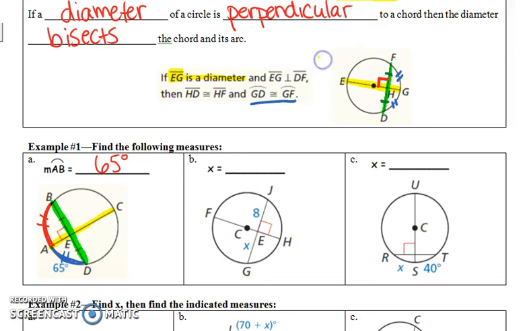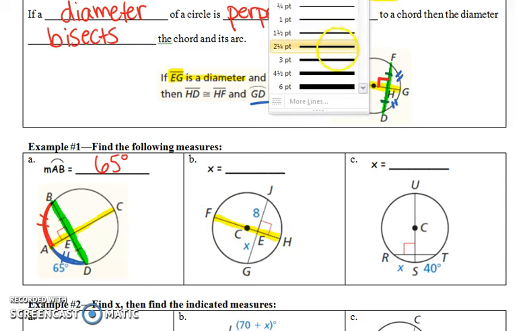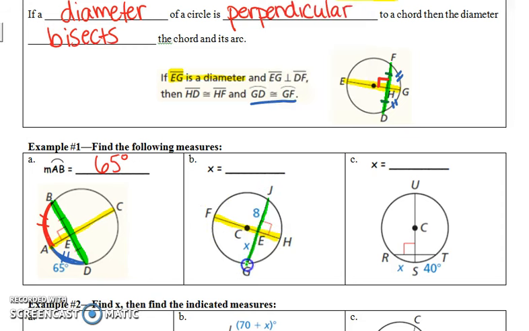In example B, we have a diameter, segment FH, and that diameter again is perpendicularly bisecting the chord JG, and that means that segment J to E is congruent to segment E to G. So if segment JE is 8, that means that segment EG is also 8, meaning X will be 8.